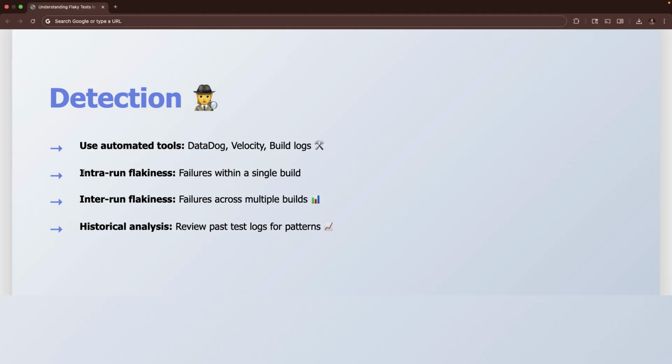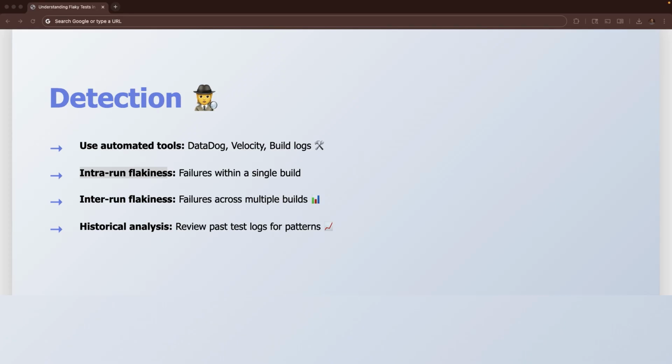You need to also focus on the intra-run flakiness. What it means is the tests that fail within a single build and are auto retried. You need to make sure your framework has auto retry, and that it also logs how many times it is retrying.